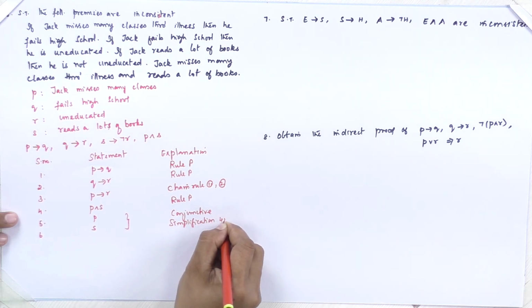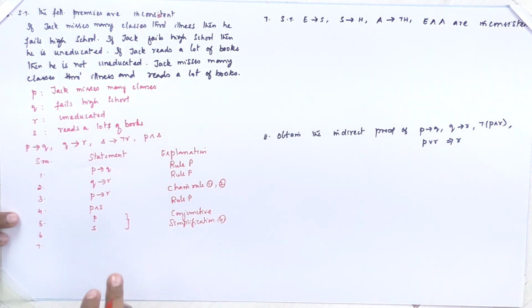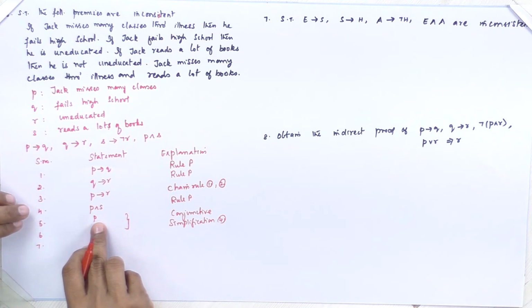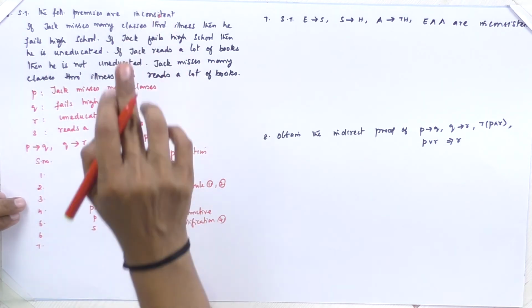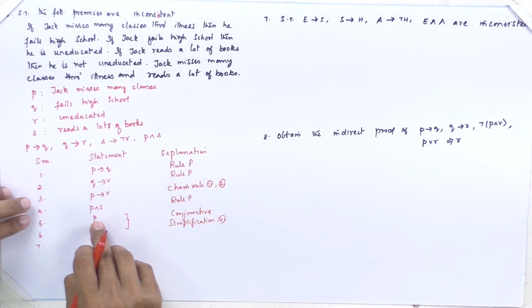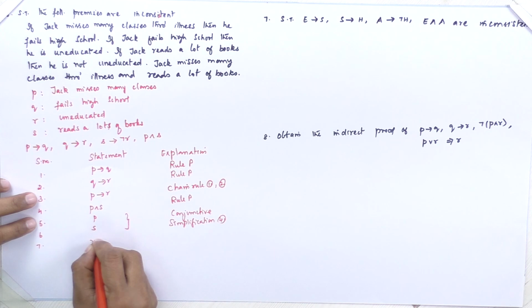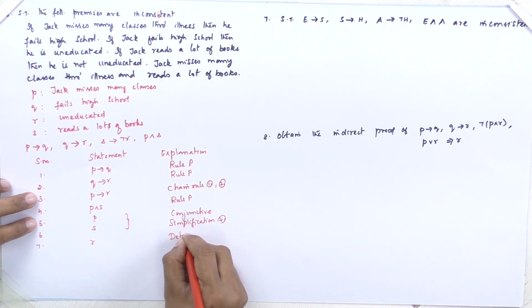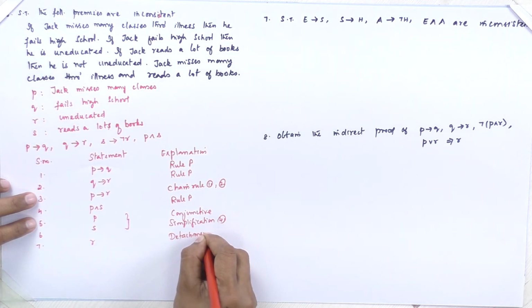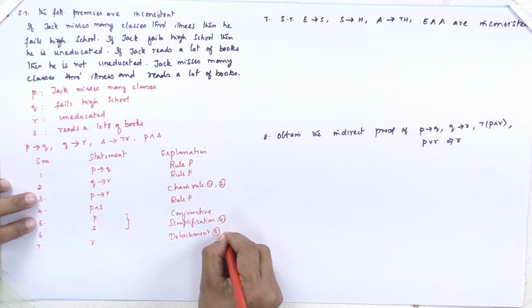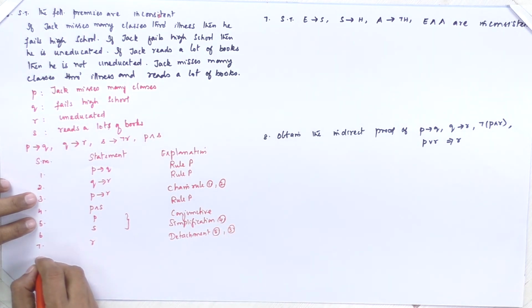Now look into the next statement. For inconsistency, we should be able to get F. So look into 3 and 5, P conditional R. P conditional R will give us R, that is detachment on 5 and 3.